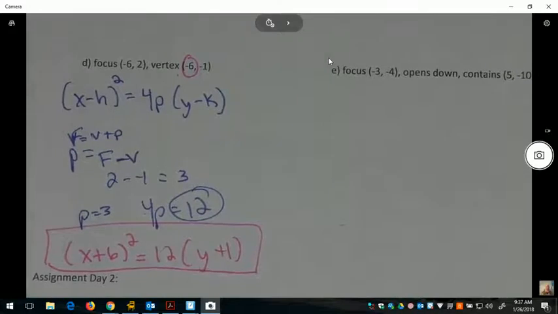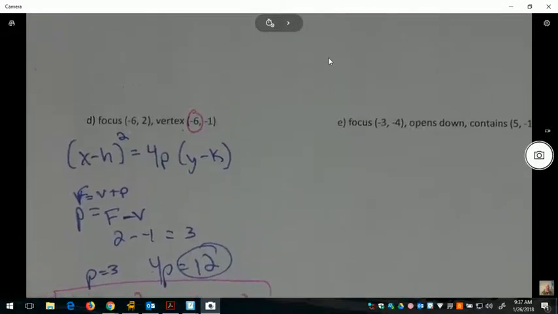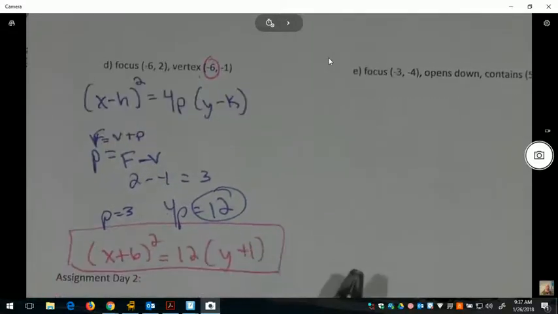Any questions on how to write the equation if we're given either the vertex and focus or vertex and directrix? All right. Now we'll get to probably the hardest problem for graphing but writing the equations for parabolas, and that is when they don't give us the vertex.